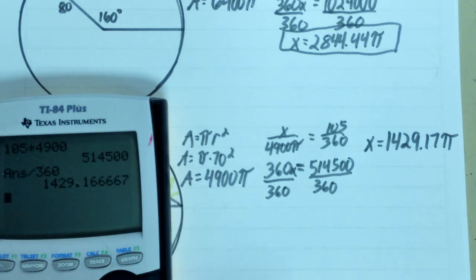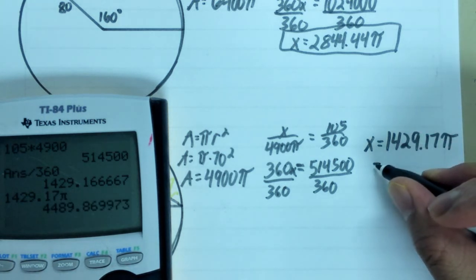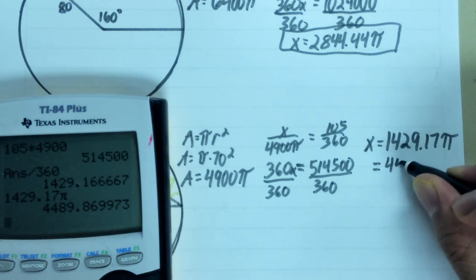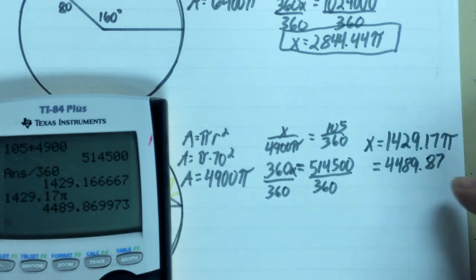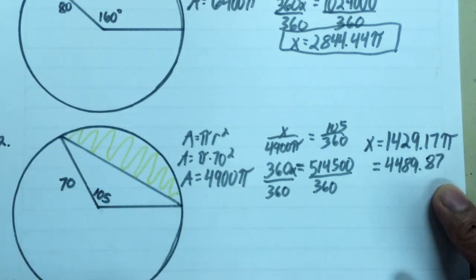I will go ahead and type this in as a decimal, which is 4489.87. The reason I want this as a decimal is because I'm eventually going to subtract this triangle.